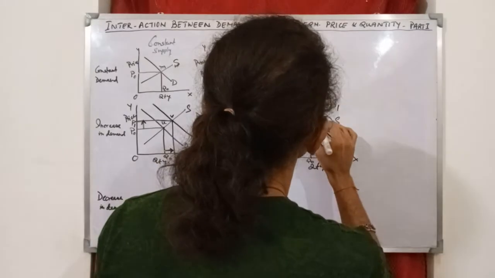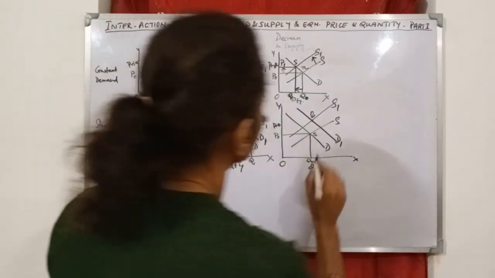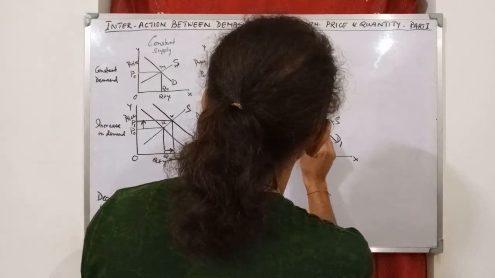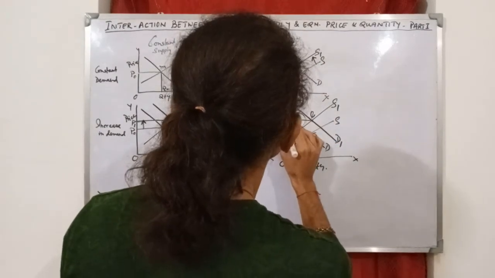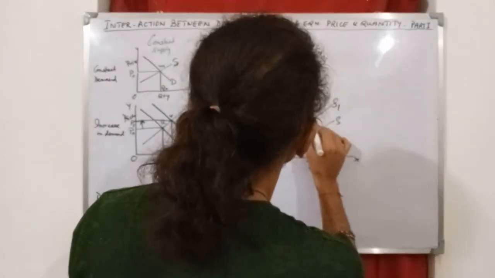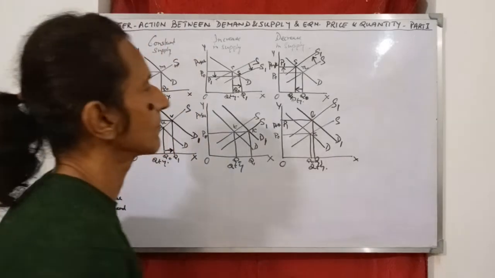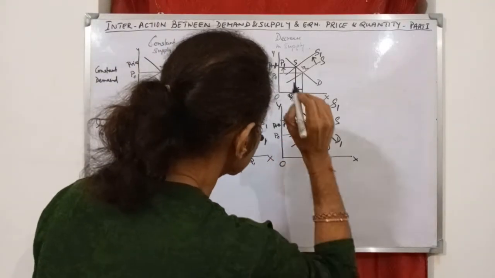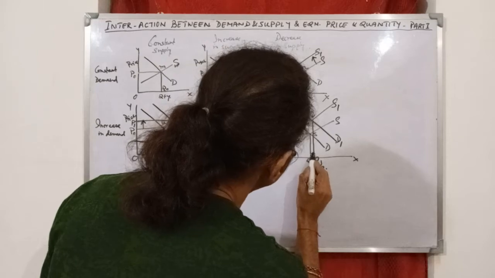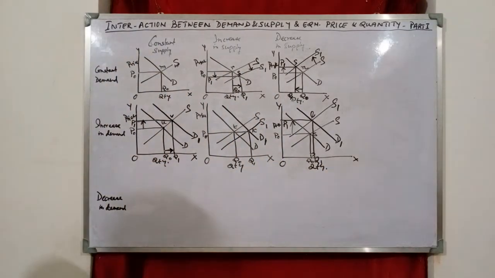Say this is point L. So new equilibrium price will be, say, P sub 1 and new equilibrium quantity Q sub 1. So equilibrium price increases as well as equilibrium quantity increases. Correct?